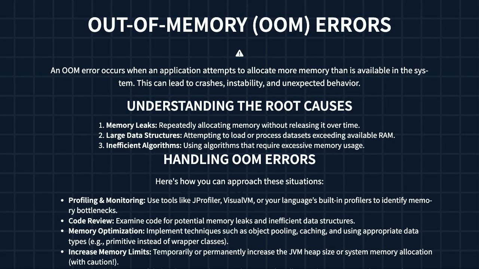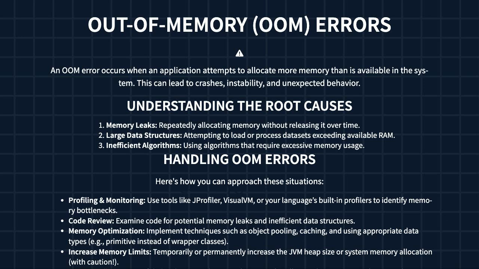Okay, let's talk about out-of-memory errors. They are a common pain point in software development. Basically, an OOM error happens when your program tries to use more memory than your computer has available. This can lead to some serious problems. It often stems from things like memory leaks, where you keep allocating but not releasing memory, or trying to load massive datasets that exceed the RAM capacity.